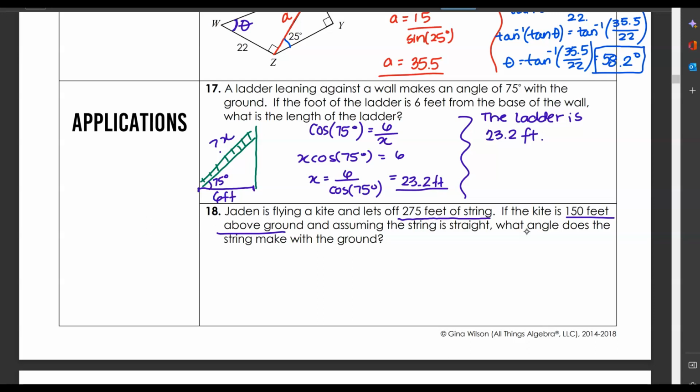Okay, so let's take a moment to think about this. He's flying a kite. I always like to draw pictures. They make everything make more sense. So here's our kite, and he lets out 275 feet of string. So here's our string, 275.